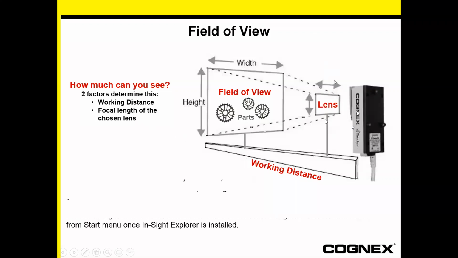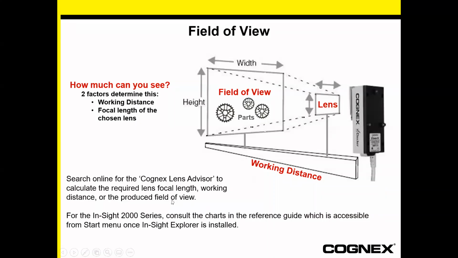Depending on the lens that we choose, it has a different angle associated with it. If you search online for the Cognex Lens Advisor, it will help you calculate the working distance or the field of view that's produced. For the Insight 2000s, there are charts that come with the reference guide.